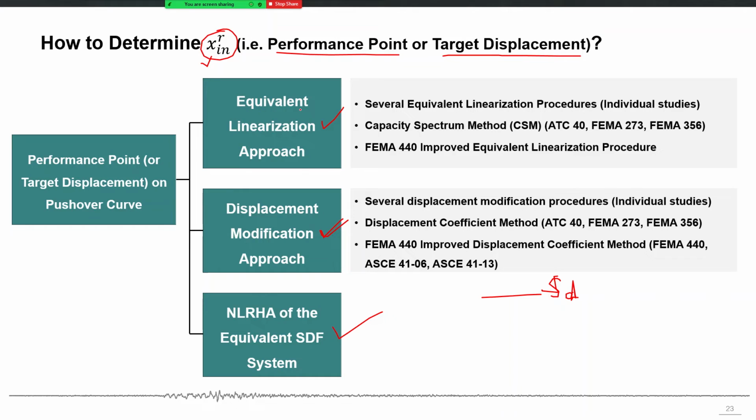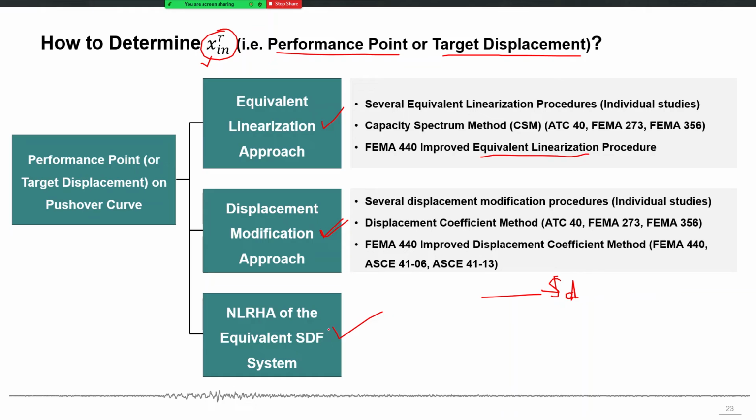The first approach, equivalent linearization, is based on the idea that you have the inelastic structure on one side, you construct an equivalent linear structure with modified time period and modified damping, and that equivalent linear structure is going to represent your nonlinear structure.